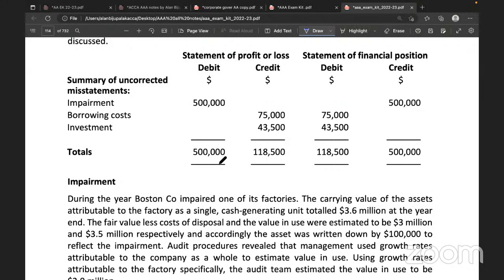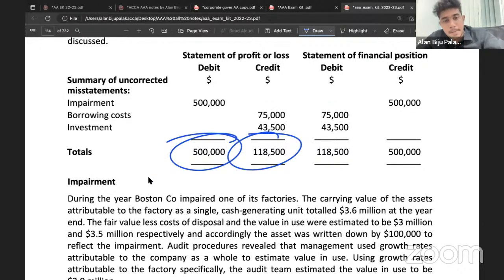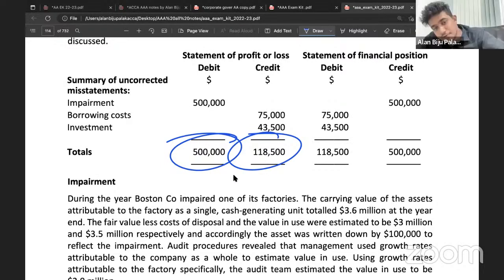One more important thing you need to consider: you are getting debit and credit figures. So when you take the cumulative amount of misstatement, how will you take the total? What will be the total amount of misstatement here? 3,81,500.